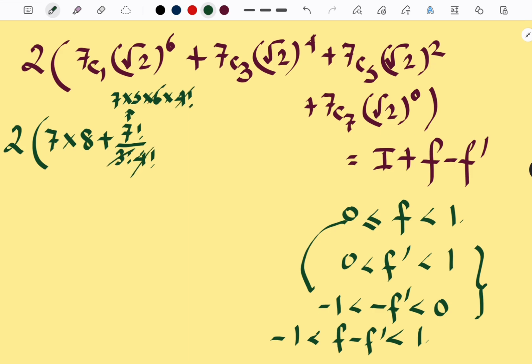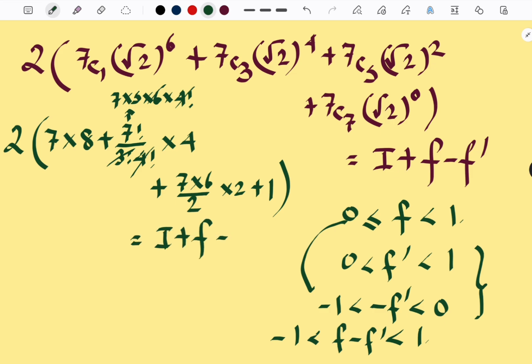So 3! is 6, therefore this will be 35. Now again 35 into (√2)^4, that is 4, plus 7C5 is again 7C2, so this will be 7 into 6 by 2 into 2 plus 1. This will be equal to I plus f minus f'.